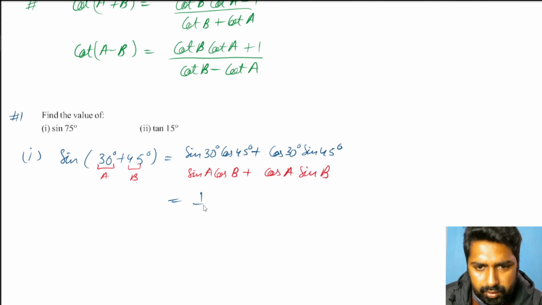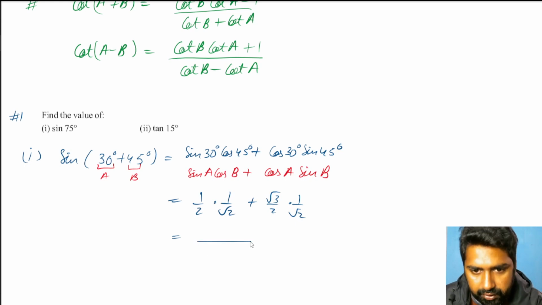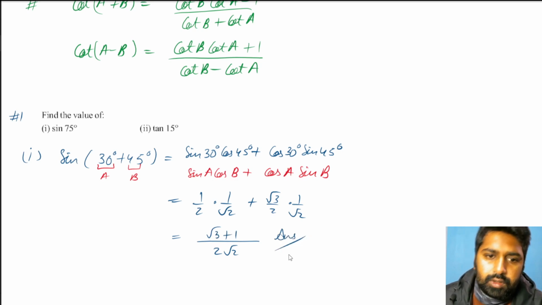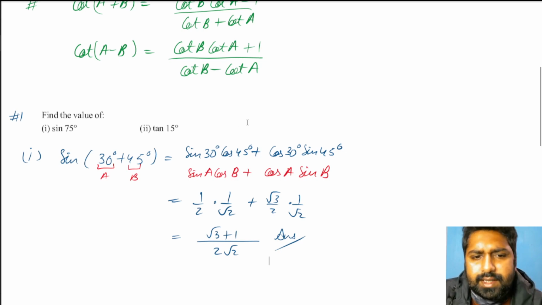So sin 30 is 1 by 2, cos 45 is 1 by root 2, cos 30 is root 3 by 2, sin 45 again 1 by root 2. So the denominator effectively is 2 root 2. In the numerator it is root 3 plus 1 upon 2 root 2. That's the value of sin 75. Same way you can find cos 75 also.